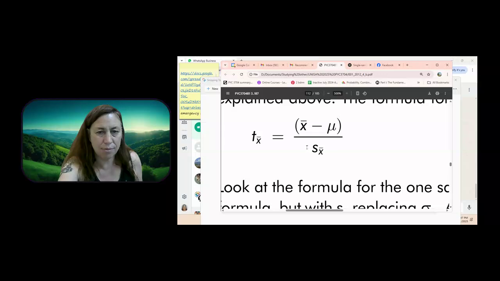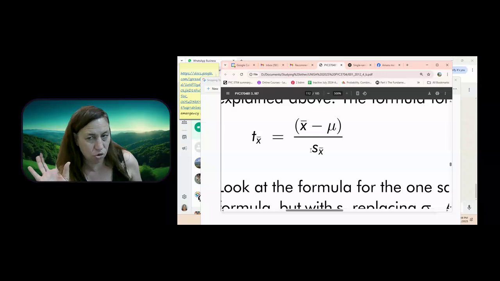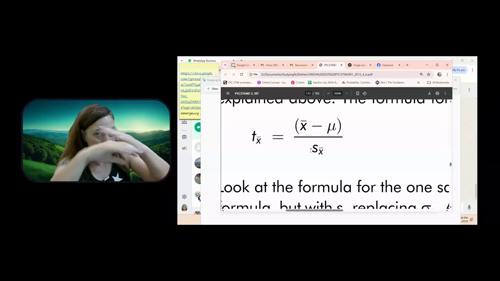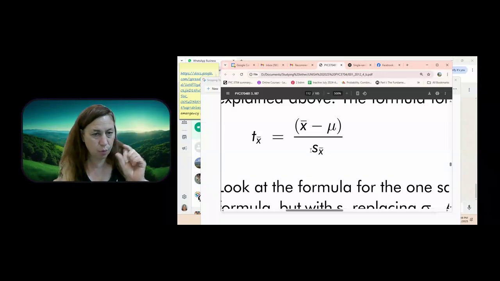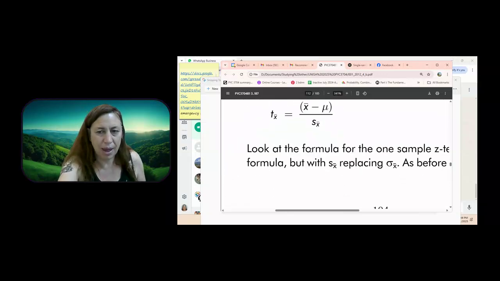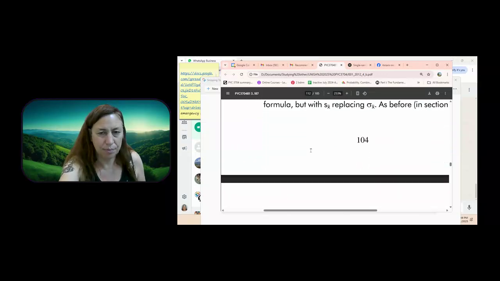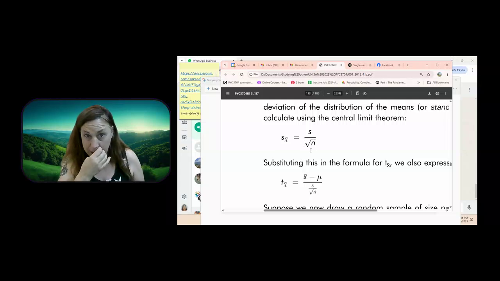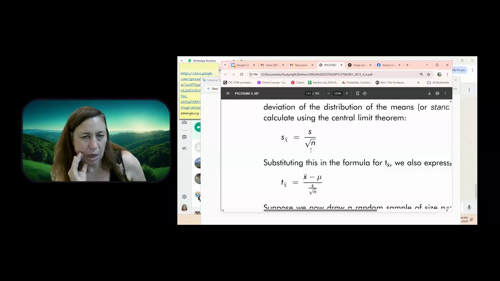And here, instead of writing this with a sigma, we write it with an S, because we write standard deviation with sigma for population and S for sample. And the formula is exactly the same. So page 105, our standard error is the standard deviation for the sample over the square root of n. Okay, great.